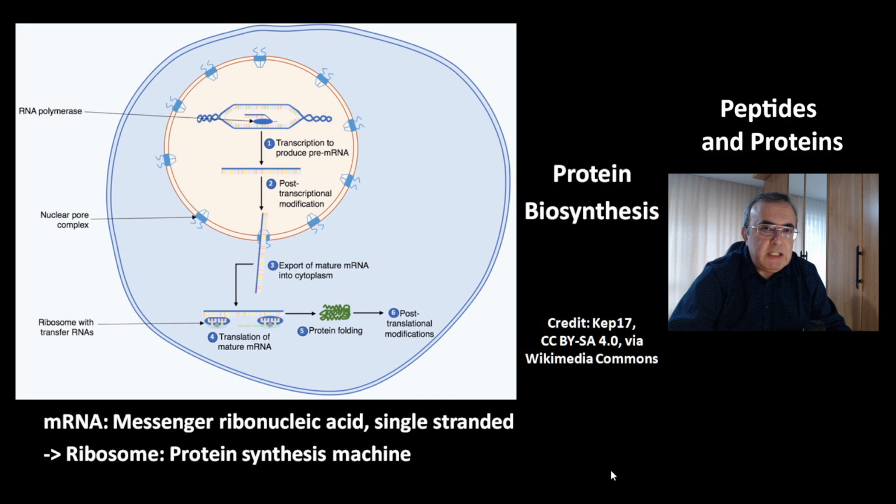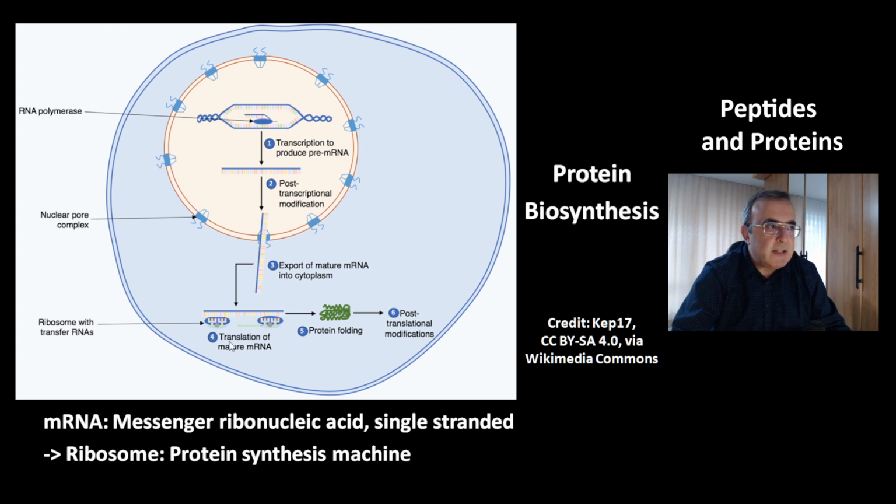This is how the protein biosynthesis works. It starts at the nucleus of the cell. That's the first step, the transcription process. It makes an RNA copy of the DNA segment. This RNA copy is modified, exported out of the nucleus.